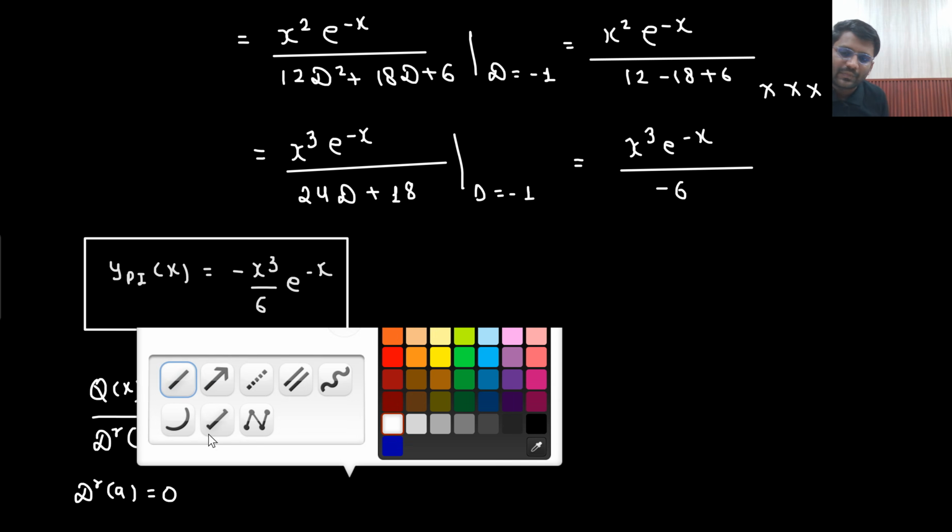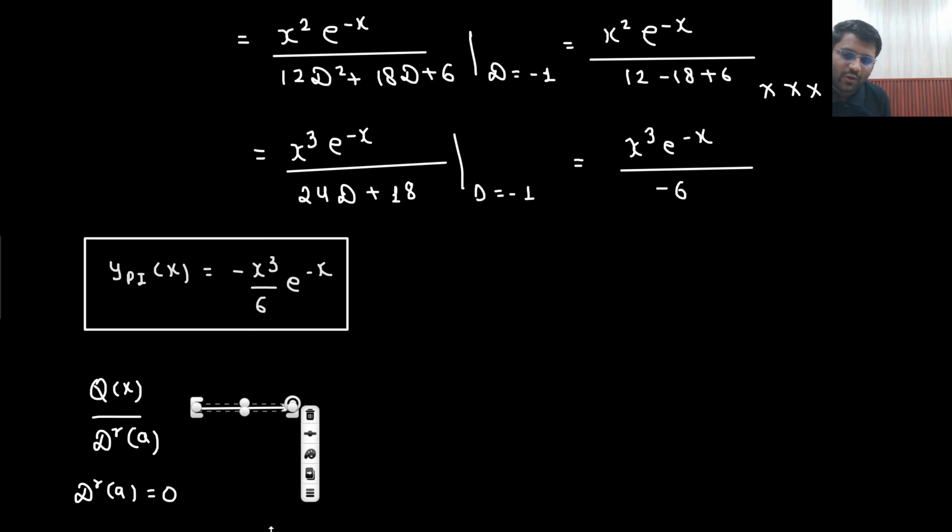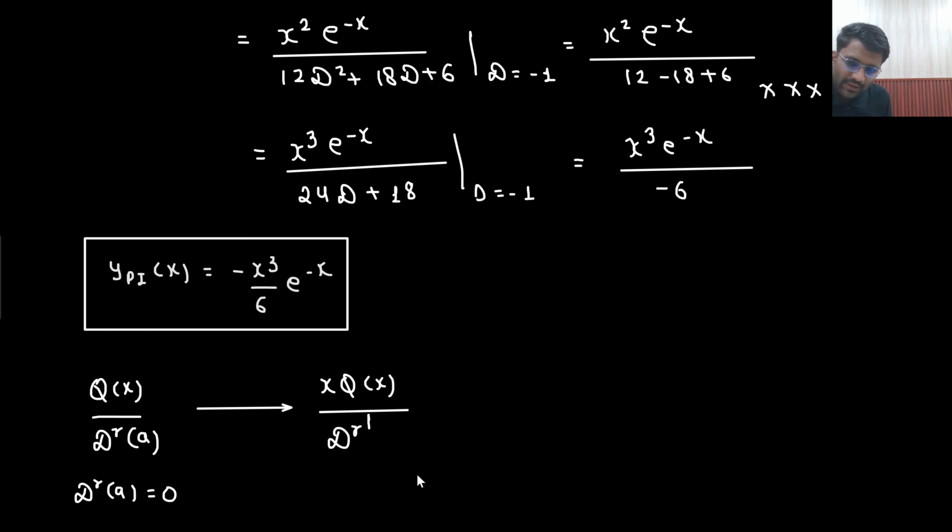So what I will do is multiply the numerator with x, and differentiate the denominator, and then put d equals to a.